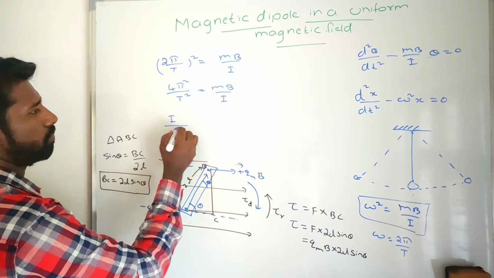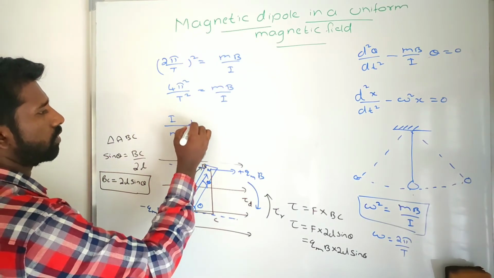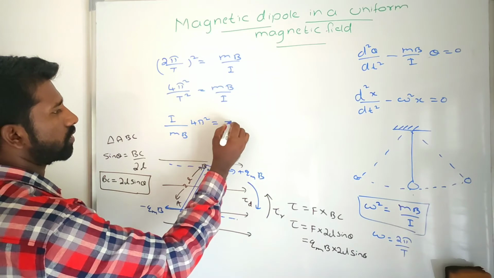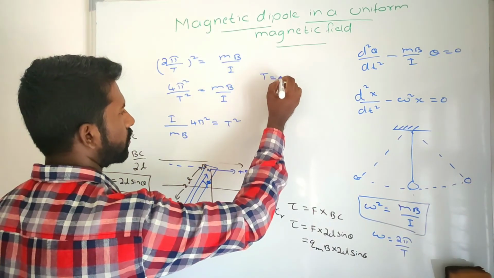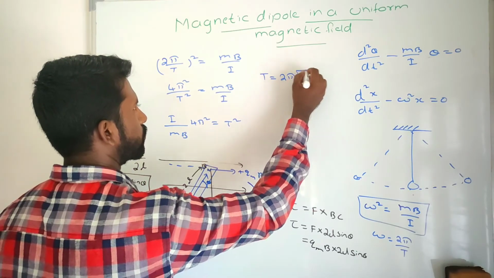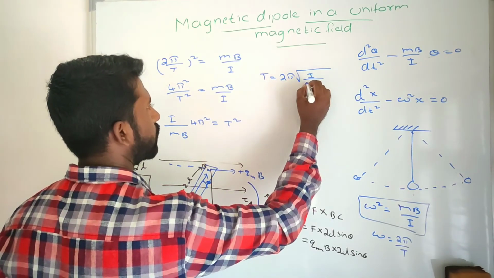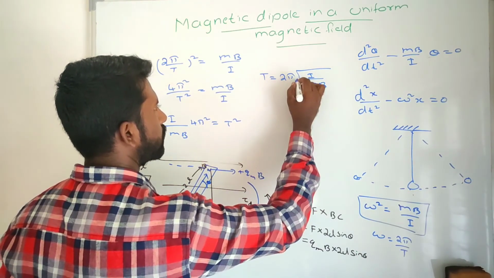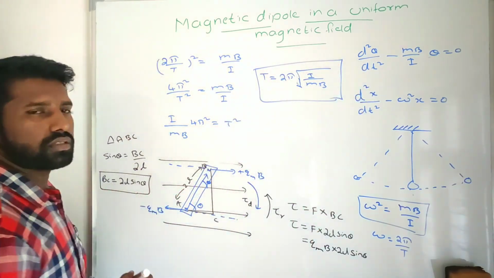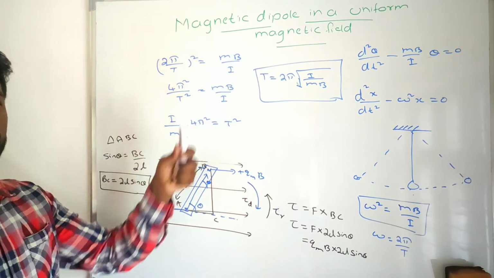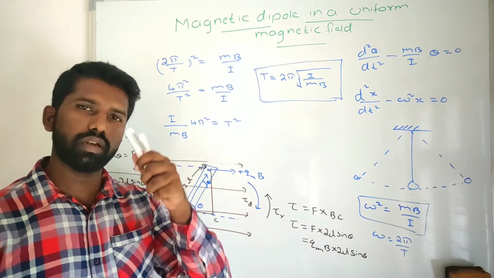So I by mB into 4 pi square is equal to T square. Take the square root, then you will get the time period T equal to 2 pi square root of I by mB. This is the time period of the oscillation of the dipole.